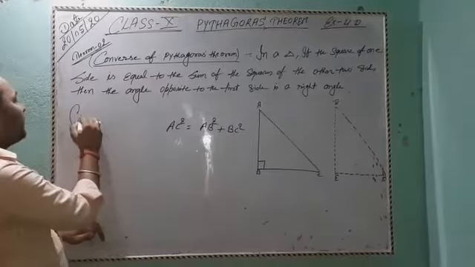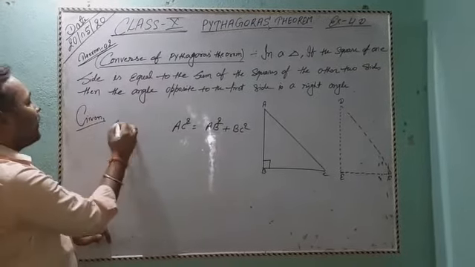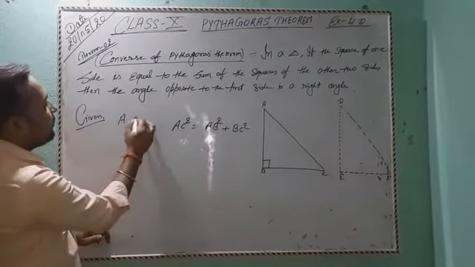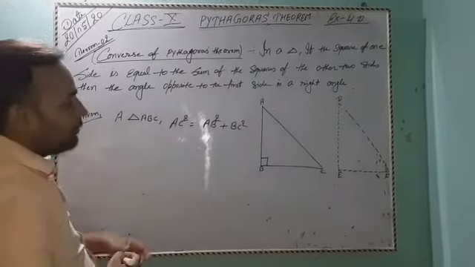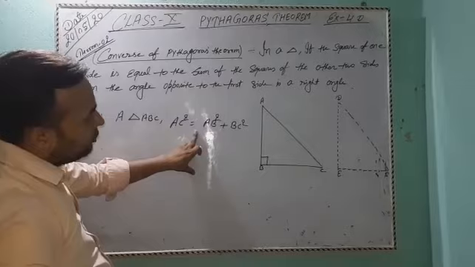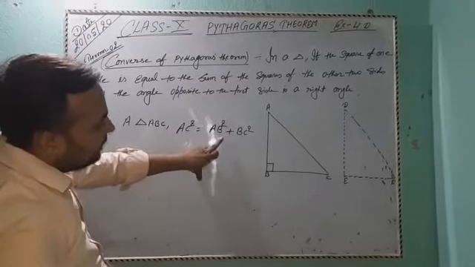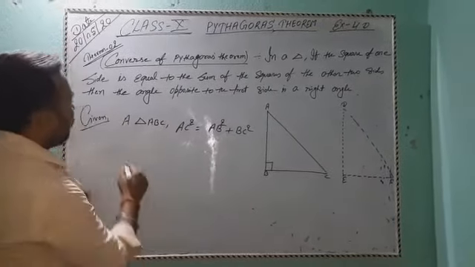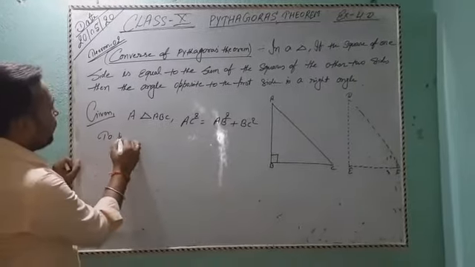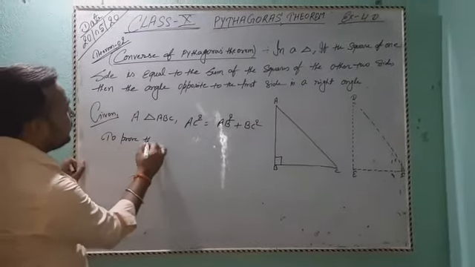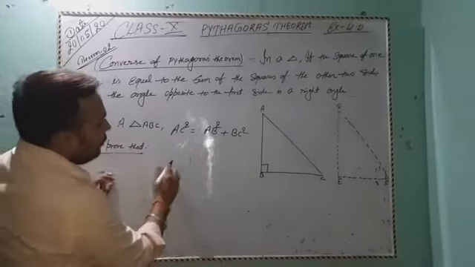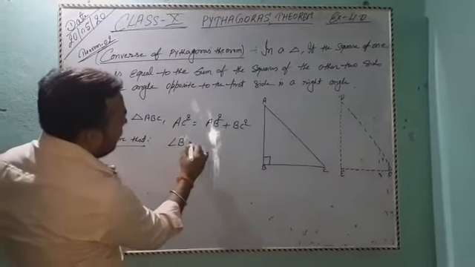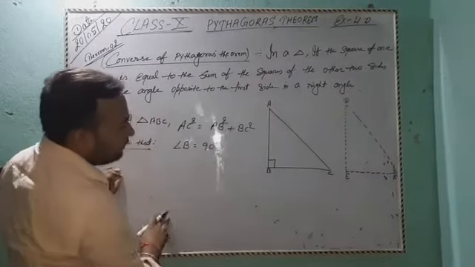So given a triangle ABC in which AC square equals AB square plus BC square. To prove that angle B equals 90 degrees.